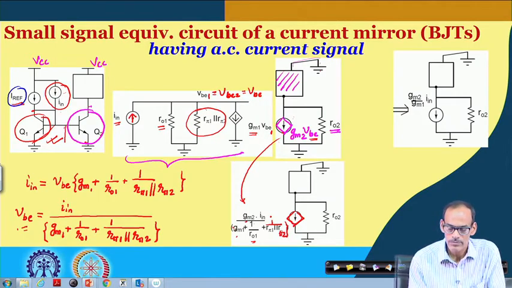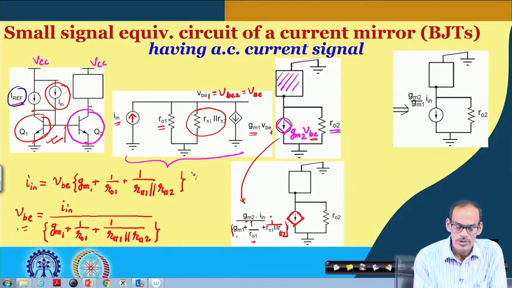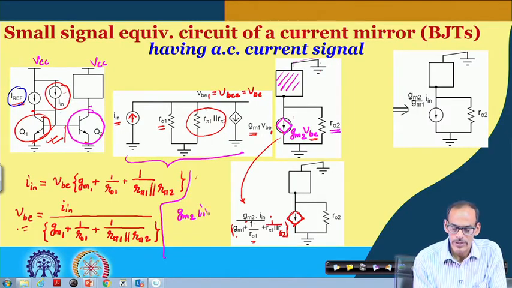Okay. Let me rewrite whatever is given here, it has multiple mistakes. So, it is GM2 I in divided by GM1 plus 1 by RO1 plus 1 by R pi 1 in parallel with R pi 2. So, that is the expression for this current.